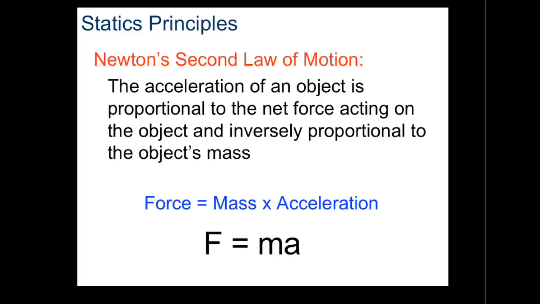So if I want to push a cart, and I want to know how much force I push the cart with, I need to know the acceleration of the cart in whatever direction I'm pushing it, and also the mass of the cart, and then I can figure out the force behind it. We're definitely going to use this a lot to calculate forces. So we'll need the mass and the acceleration of whatever object or force. All right.